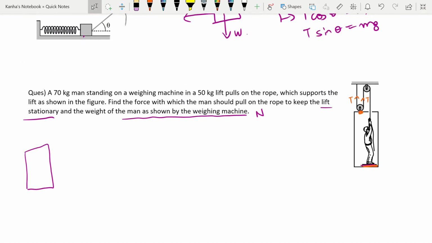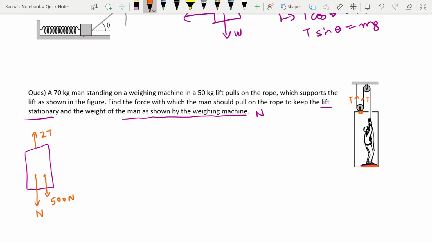What you will have is a force of 2T on the top due to the pulley. Then you have a man standing there, so you will have a normal reaction from the man, and you will have a weight of your own. Weight is the non-contact force.